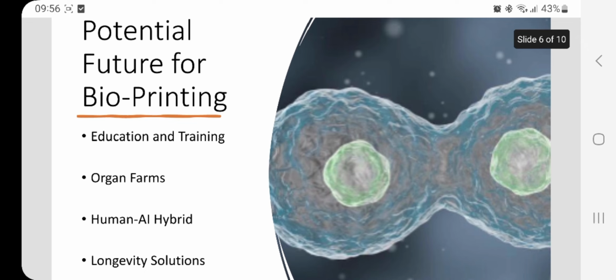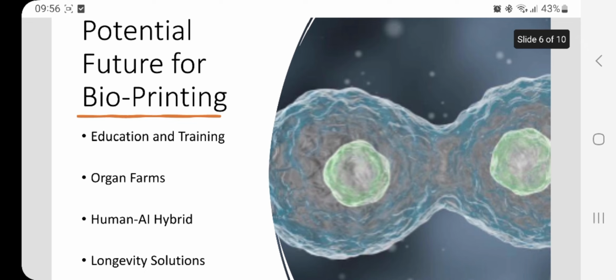This has always been something found in science fiction, space adventure novels, but with bioprinting and the incorporation of AI in biology, it is only a matter of time before these things become a form of reality.